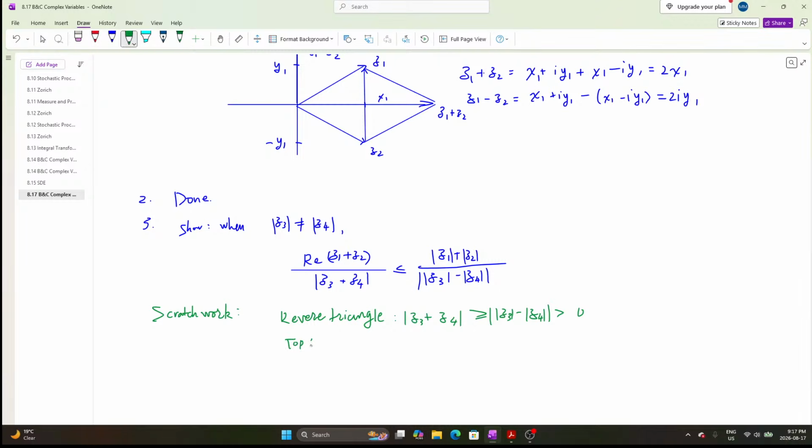We first notice there's a real part. So let's just consider the real part inequality. The real part of z1 plus z2 is less than or equal to the modulus of z1 plus z2. And then you can use the triangle inequality to write this is also less than or equal to the modulus of z1 plus the modulus of z2. So now you have an upper bound for the numerator and a lower bound for the denominator. So the inequality is now shown.